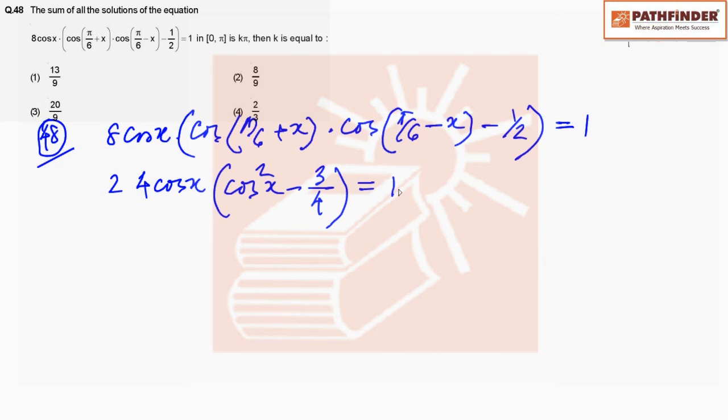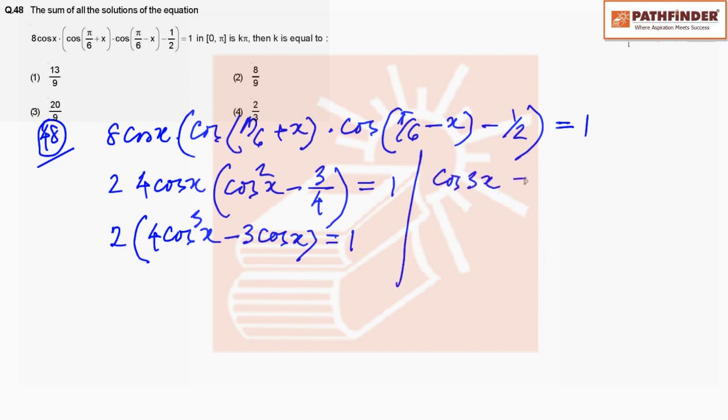So that means it will be 2 into 4 cos cube x minus 3 cos x equal to 1. So cos 3x equal to half. So 3x can be pi by 3, or 5 pi by 3, or 7 pi by 3.